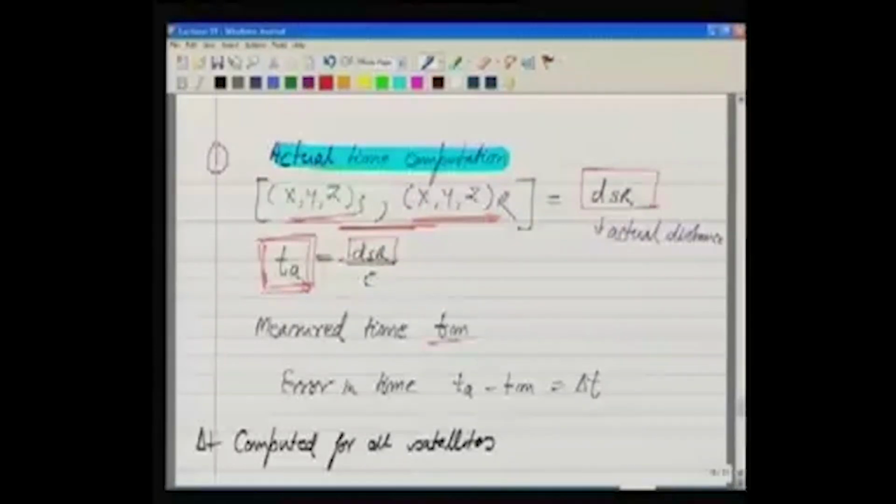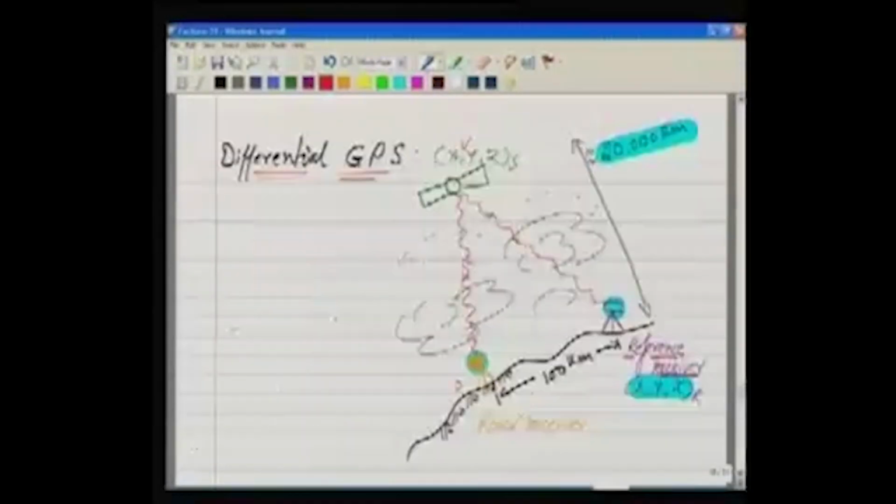But the measured time is Tm because there are errors. So the error in time is delta T. So what we have done, we have computed this error in time for a particular satellite.